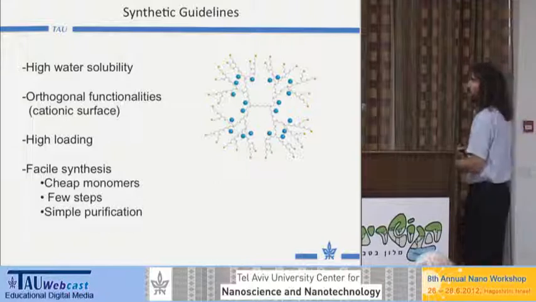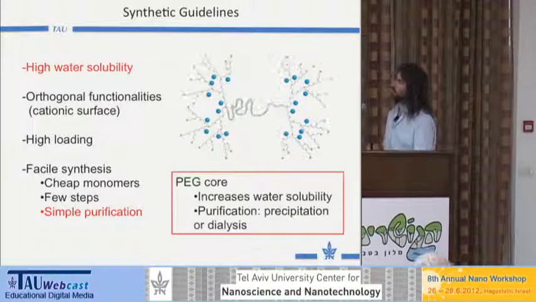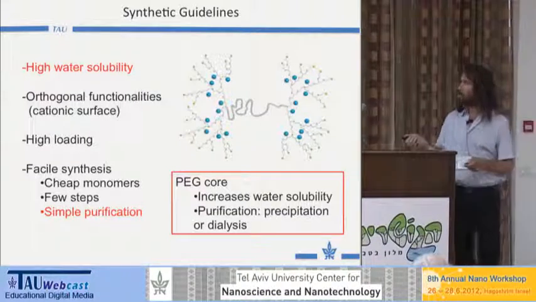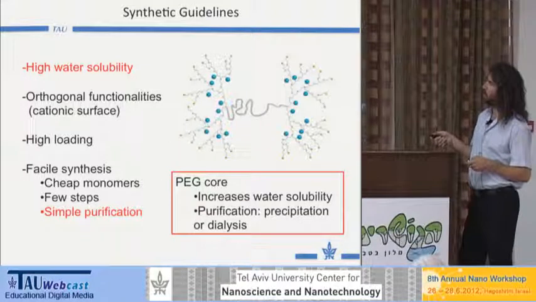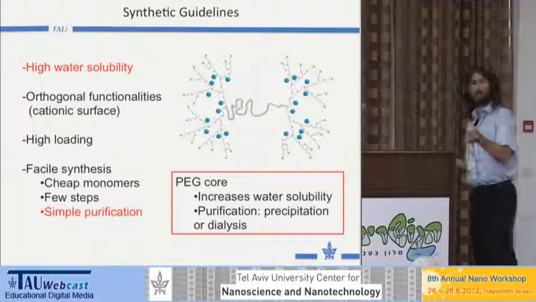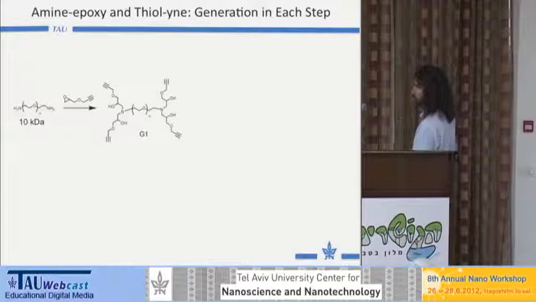And we decided to start the synthesis from a PEG core. Using a PEG core would allow us to first increase the water solubility, but the PEG also would, as I'll show you in a second, serve as a soluble support for the synthesis of the dendrimer, which makes the purification very, very simple and easy.